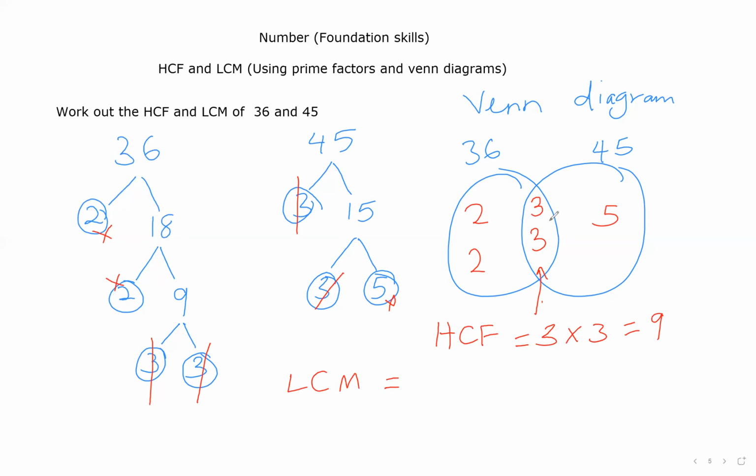So basically, the HCF times all the other numbers: 2 times 2 times 5. Remember, the HCF is the 3 times 3, so we can just write that here, which is already 9. 9 times 2 times 2 times 5. And that should give us 180.